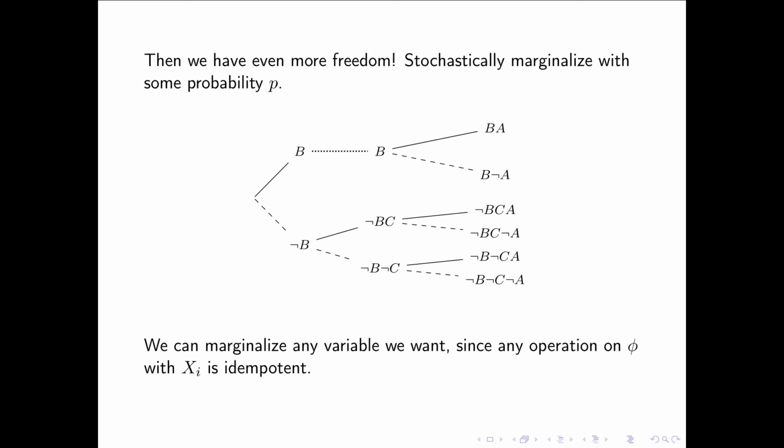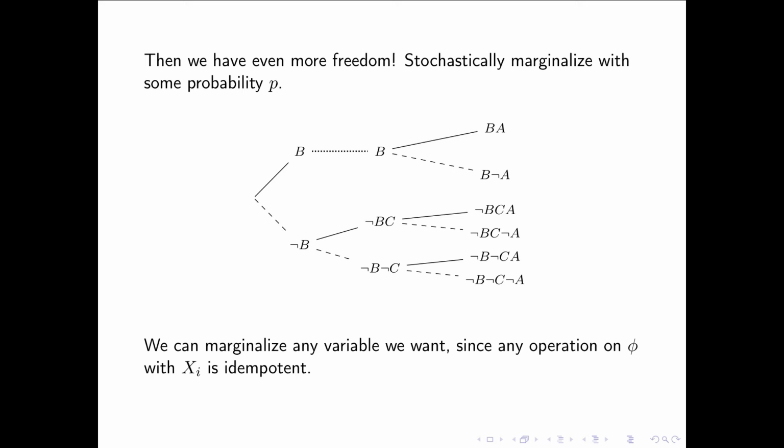And so when we have this case, then we have even more freedom, because we can stochastically marginalize with some probability P, for instance, any variable that we might want. So this is true because any operation on phi and the variable in the ordering is idempotent, and so they never matter in the formula. But different primes sampled define different probability distributions.